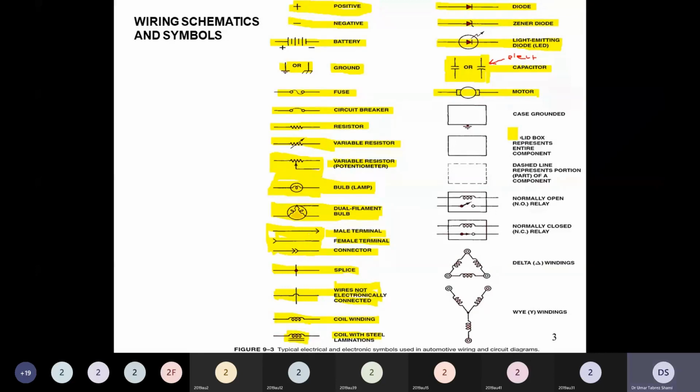This DC motor has two terminals connected to the rotor. So the symbol that we see shows the two terminals and the rotor. The round surface is the rotor. So a motor is a device which converts electrical energy to mechanical rotation.